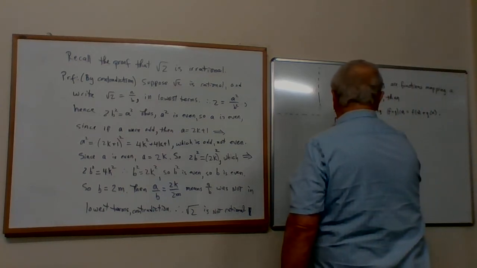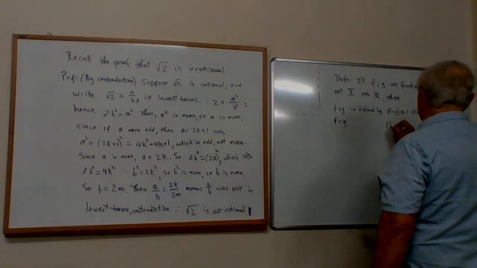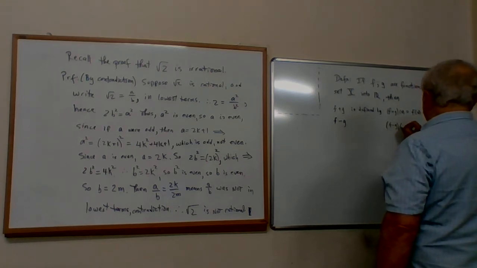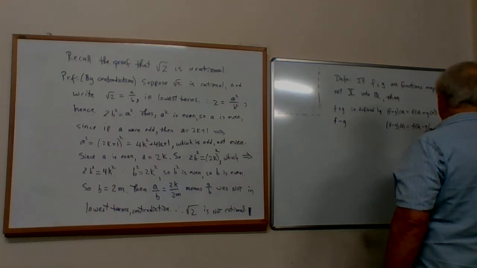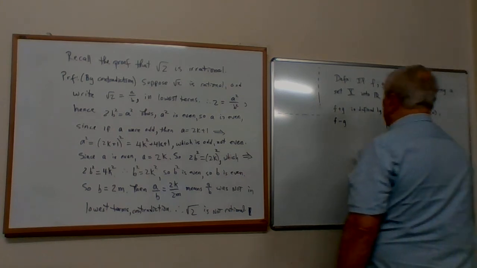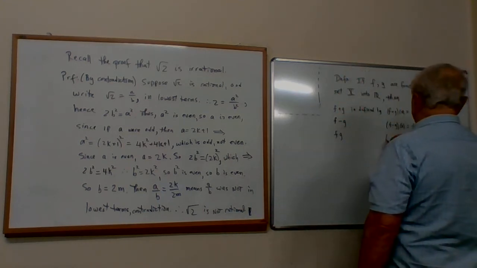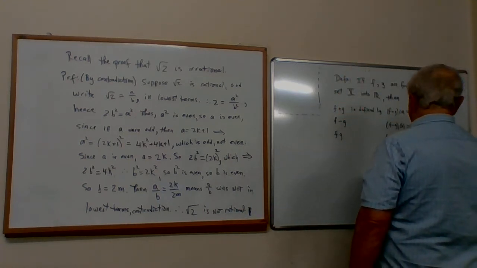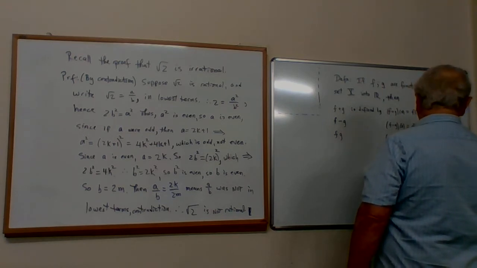Similarly, f minus g is defined in the obvious way. I subtract the two function values. fg is defined in the obvious way. I multiply the function values.